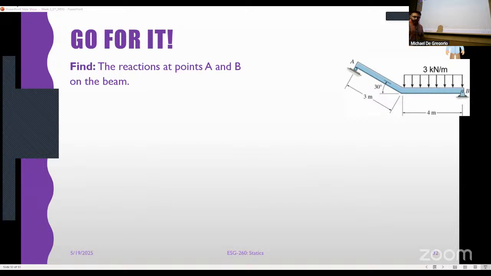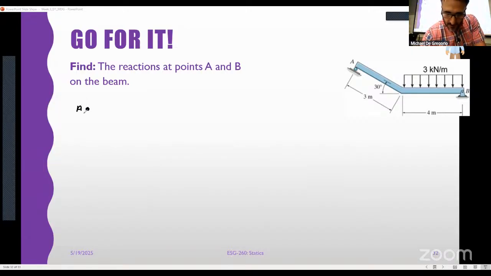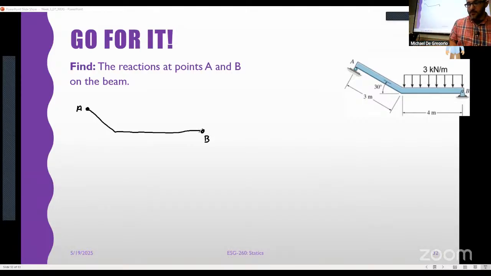All right, so let's start with our free body diagram of the entire system. Here would be point A, and there's point B. This is not drawn to scale at all. I'll make my customary not drawn to scale comment. Great. We know angles.